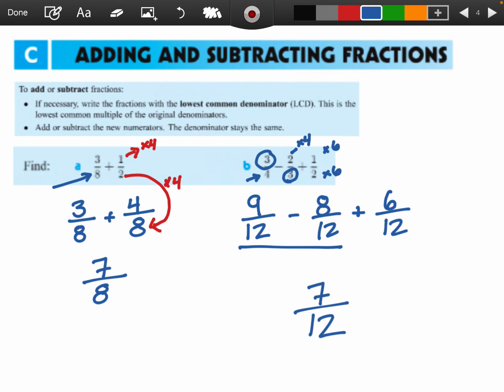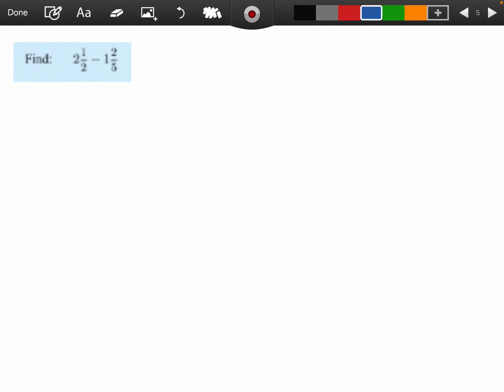Do a final check to make sure that 7 and 12 don't have any common factors, and they don't. If they did have a common factor, I could reduce that to lowest terms, but 7 over 12 is lowest terms in this case. One more adding or subtracting example.